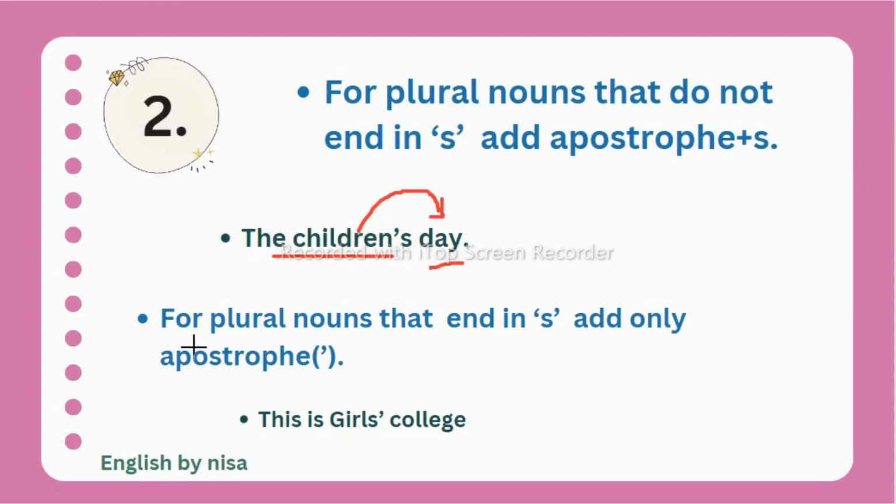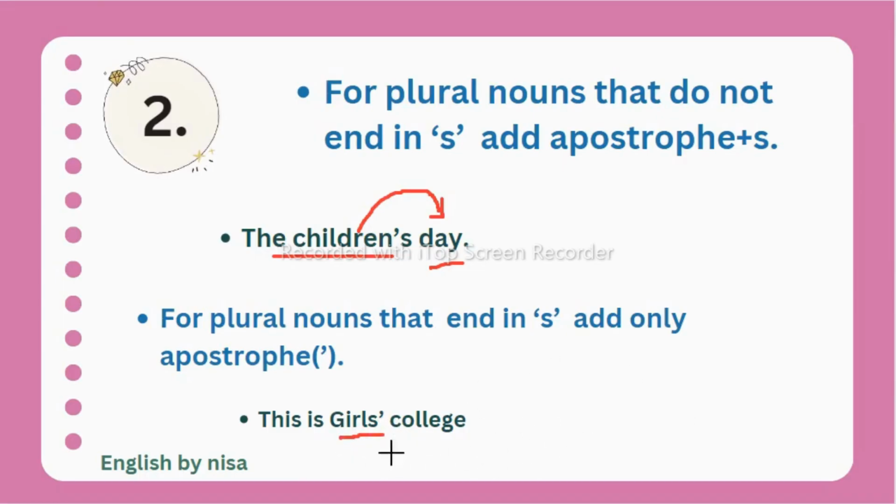Let's see the next one. For plural nouns that end in s, add only apostrophe. Same as we did with the singular, where if our singular noun was ending in s, we were simply adding apostrophe, not s. So here also, if your plural noun is ending in s, then simply add apostrophe. This is girls' college, meaning plural girls, many girls' college.